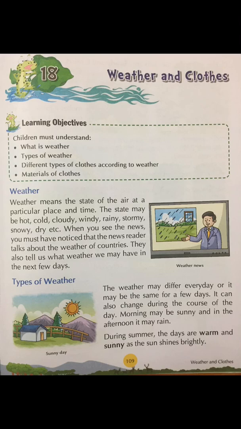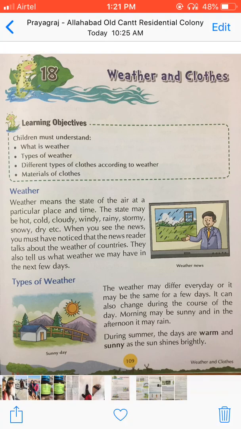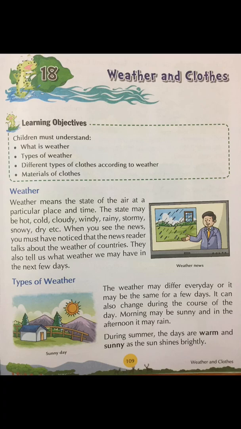Rainy, we can say when there are clouds and it rains, then your weather is called rainy. Stormy is when you have strong wind blowing, then it is in the form of storm.